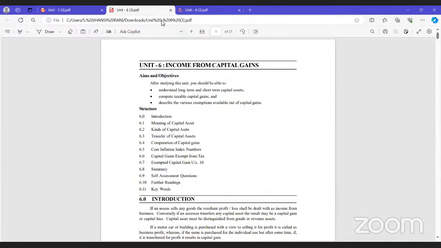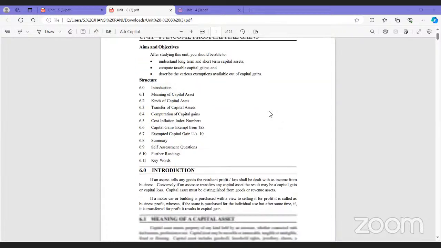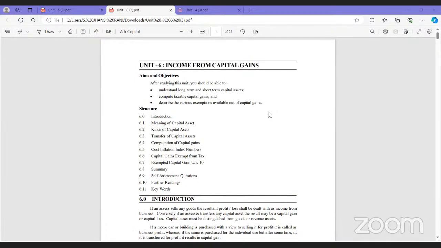Next, we move to income from capital gains. This is the fourth of the five sources of income where we receive income and it is taxable.